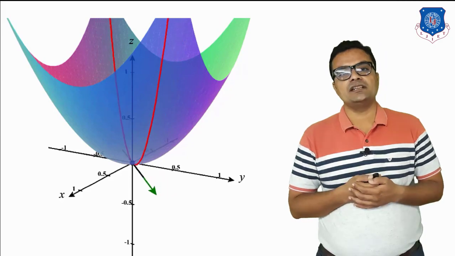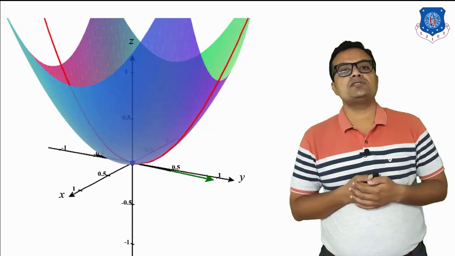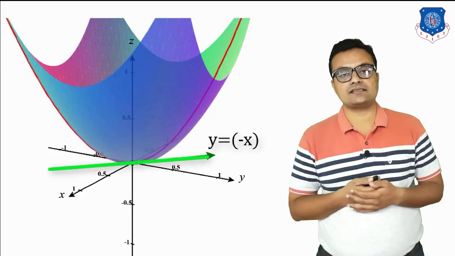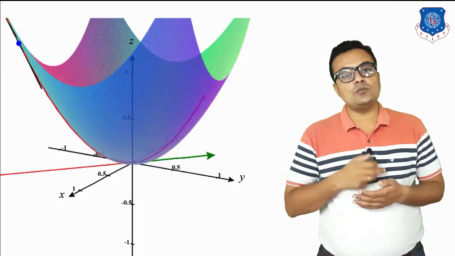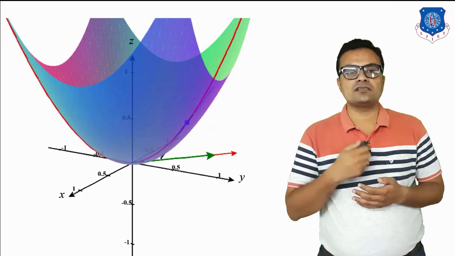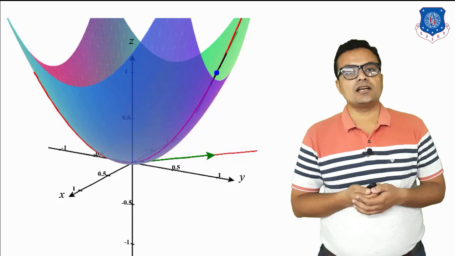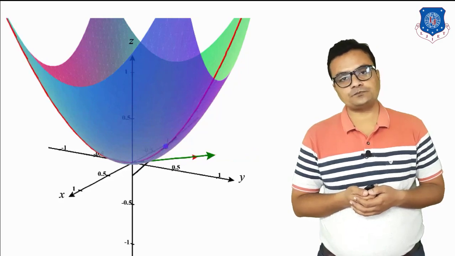But for simplicity, let us consider one more direction, which is y = −x. If I take input from y = −x, this is how my points are moving towards the origin, remaining on the surface.